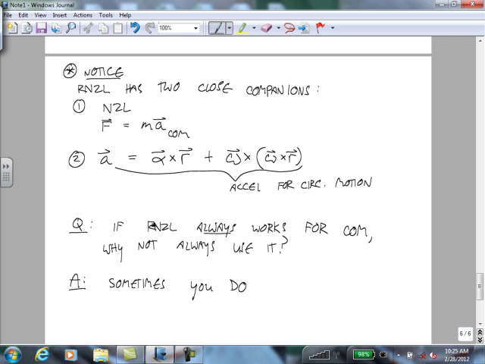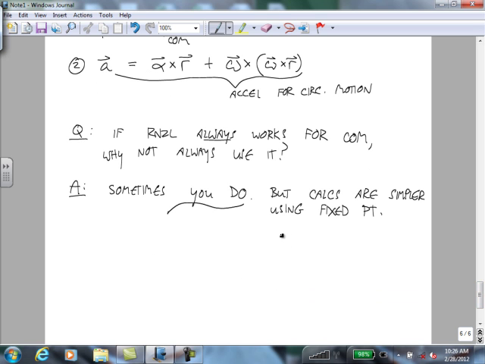Am I misunderstanding something? Actually, sometimes you do use that approach. But the calculations are a lot simpler when you can do the calculation about a fixed axis, or using a fixed point.